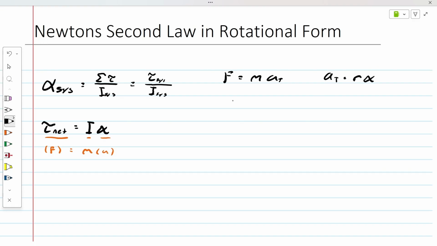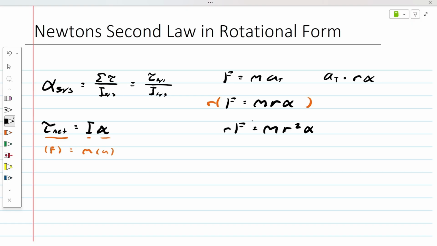So now we can plug that in and we get force equals the mass times the radius times this angular acceleration. And now what I'm going to do is just multiply this whole equation by r. We can always multiply both sides by some variable. So now we have r times F equals m r squared alpha.